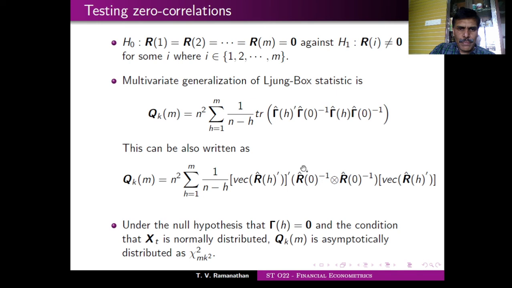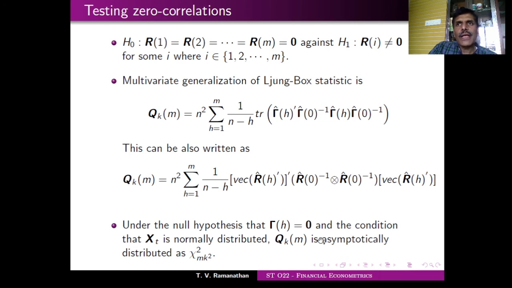You can use this simplified format. This is one and the same; the only thing is that here we are representing in terms of the correlation, and here I have represented in terms of the covariance. So under the null hypothesis, both are the same, so I'm using the same notation.